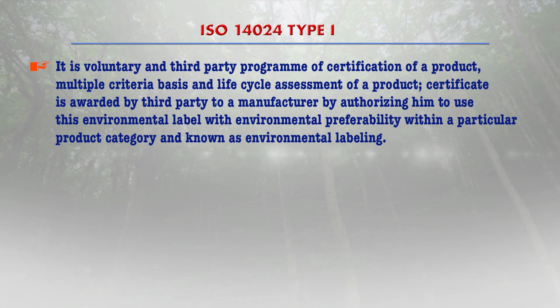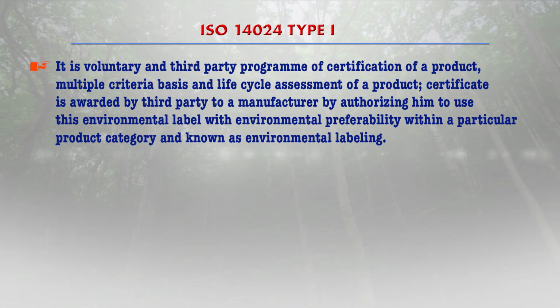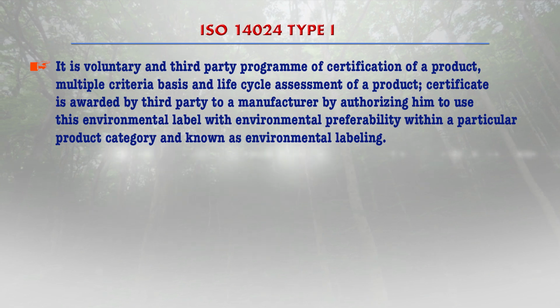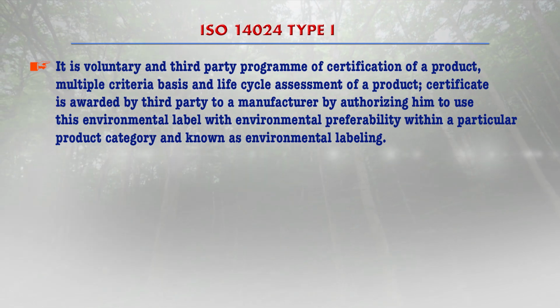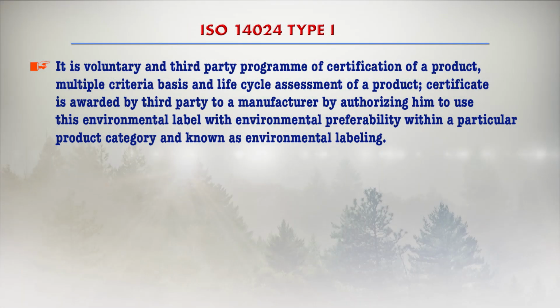There are multiple criteria based on life cycle assessment of the product. The certificate is awarded by the third party to a manufacturer, authorizing him to use this environmental label with environmental preferability within a particular product category, which is known as environmental labeling.